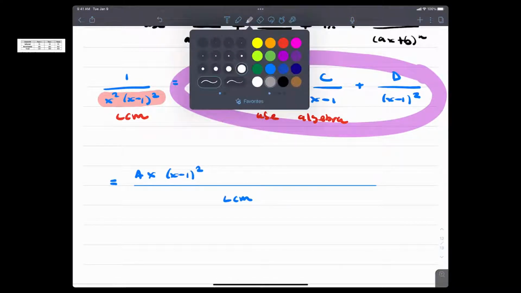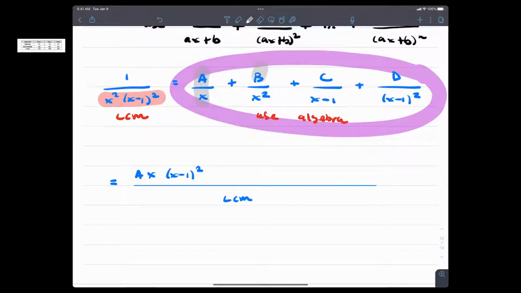And then I went to the next term, said, oh, what was missing? Oh, it already has an x squared, right? So I have b, I have that x minus 1 squared that's missing. And then the next term here with the c, you go, oh, that's going to have a c, x squared, x minus 1, and then you got the d, and what's missing is just the x squared term, right?